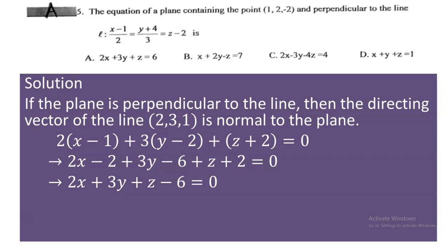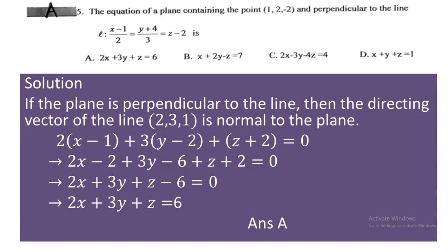And I hope this is available in the given multiple choice item. This is -2 - 6 = -8, and -8 + 2 is -6. Moving this -6 to the right, you could have 2x + 3y + z = 6. And this is available here in A, so the answer for this is going to be A.